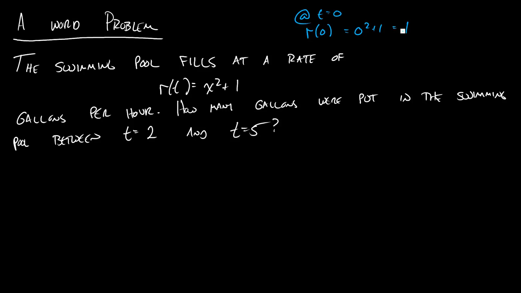Now, as time goes on, it's going to be filling up the pool faster, but the question isn't asking us about how fast the pool is being filled up. It says how many gallons were put in the swimming pool between t equals 2 and t equals 5. So this thing here is a rate. And now this, how many gallons, it's not how many gallons per hour, this is not a rate.